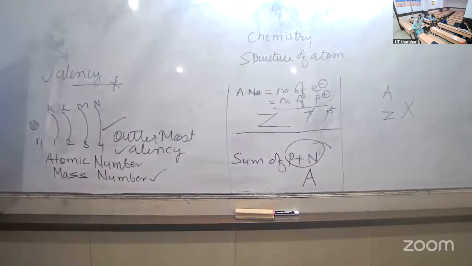Very good. Next one, mass number. Mass number is equal to the sum of protons plus neutrons. It is represented by capital letter A. Okay. And where these protons and neutrons are present, nucleus, and together they are known as. आप लोग लिख रहे हो ना?